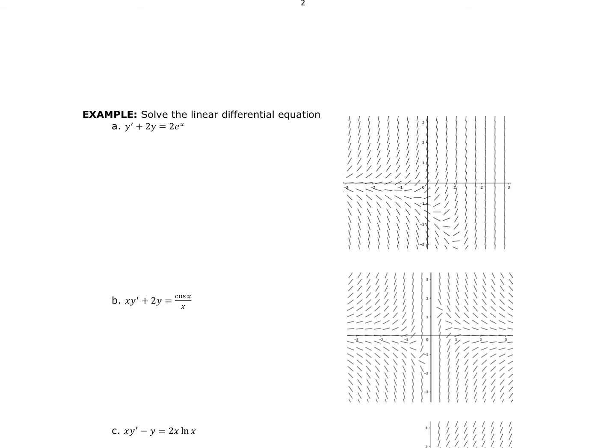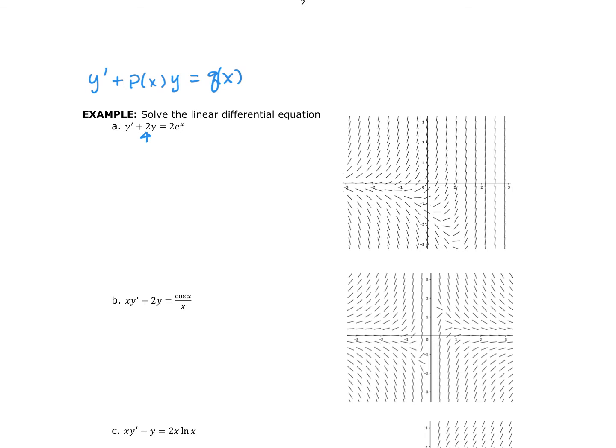So first of all, we ask ourselves, is this in the right form? And the answer is yes. Remember, the form is going to be y prime plus p of x, this is a lowercase p, by the way, not a cap P, multiplied by y is equal to q of x. Now, a good choice for lowercase p is this 2 because that's the coefficient on that y.